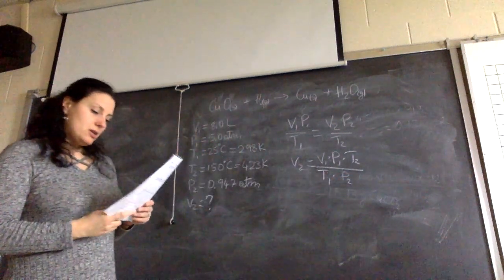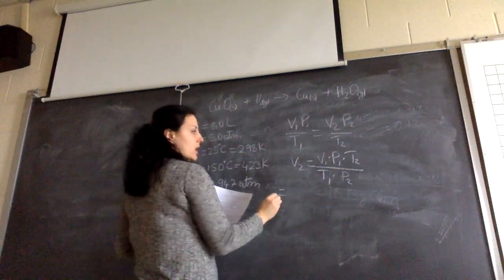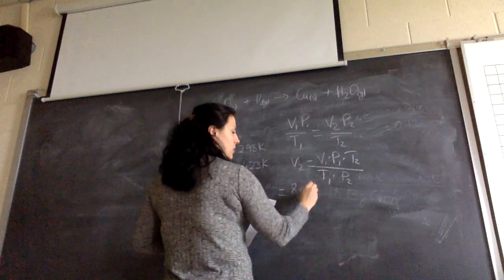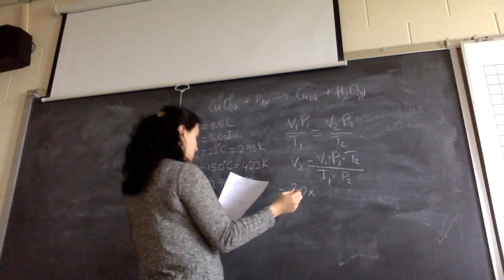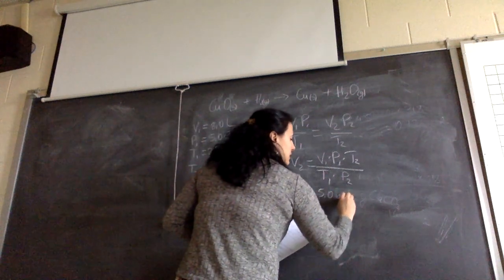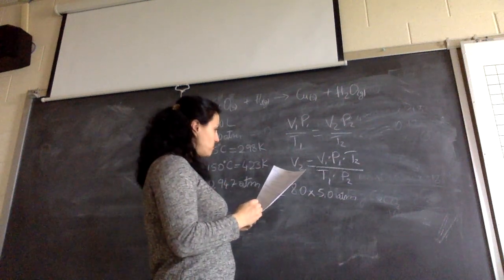Okay? Now, I can plug in all the values that I know. So 8 liters, it's my V1, multiplied by P1, which is 5 atmosphere. Make sure you don't mix these up because you'll get the wrong answer otherwise.